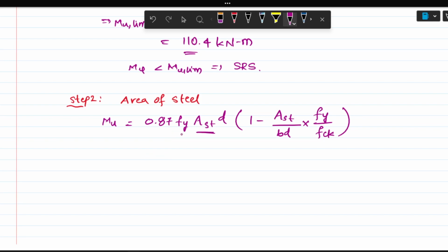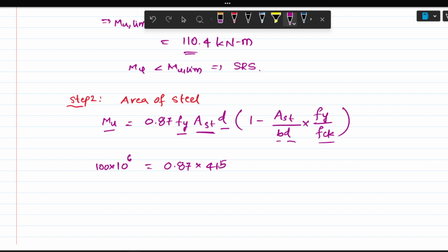Here everything is available, that is grade of steel, that is Fy is available, and effective depth value is given in the question, and also width B you know, FCK is also you know, and Mu value is also given in the question, that is 100 kilonewton meter. Let us substitute all these values and find out this AST value. That is 100 into 10 to the power 6. That means 100 kilonewton meter. That's why here 10 to the power 6 came, is equal to 0.87 into 415.